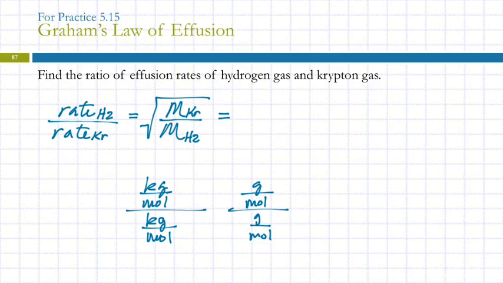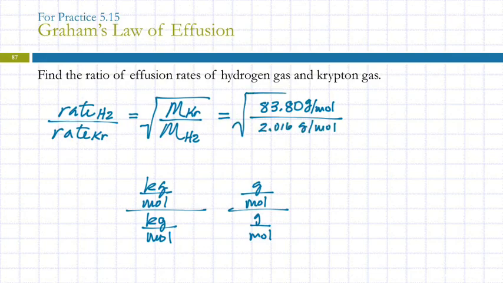So krypton is 83.80 grams per mole, and hydrogen is 2.016 grams per mole. And I have to take the square root of that.